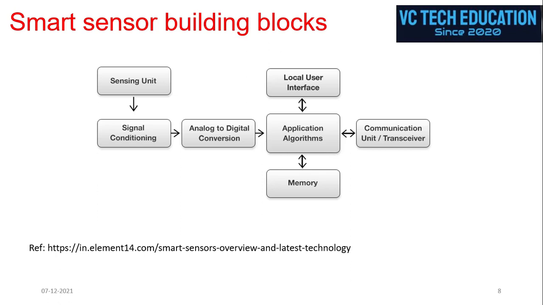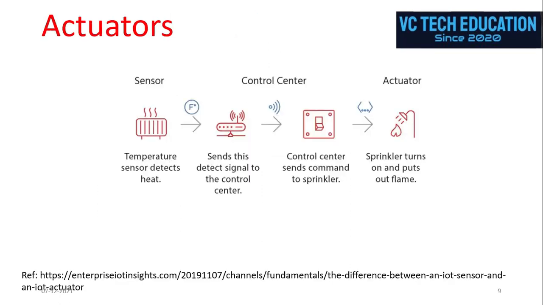From there analog to digital conversion is done, whereas bidirectional communication is done along the local user interface, application algorithms and memory. The data will be continuously stored in memory, where the communication unit is the bidirectional transmitter or receiver to take the output. So this is the overall structure of the smart sensing building blocks.